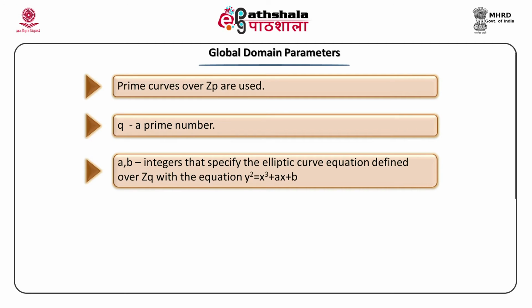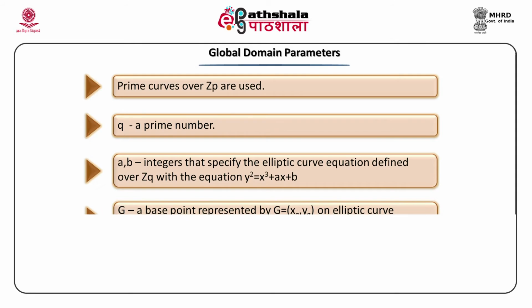Now we are talking about G, that is a base point represented by G equal to xg and yg on the elliptical curve. If you have seen the previous slide carefully, in the equation y square equal to x cube plus 2x plus 3, if we equate it with this equation of x cube plus ax plus b, a is 2 and b is 3, and we have got a point 1 1 on the elliptical curve.